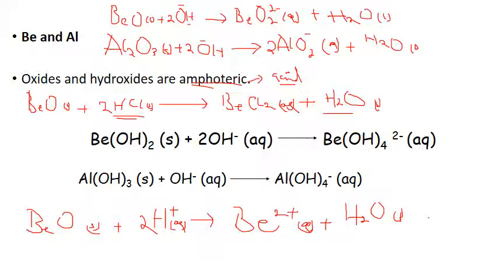If it is aluminium, you know what really happens. Aluminium oxide still reacts with the hydrogen ions, and it's going to give us the aluminium salt. So aluminium ions, and you still form water.